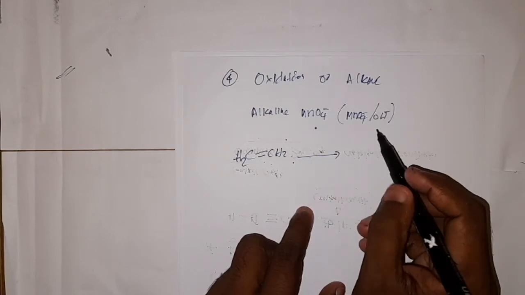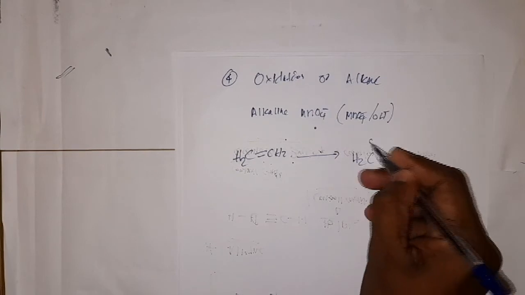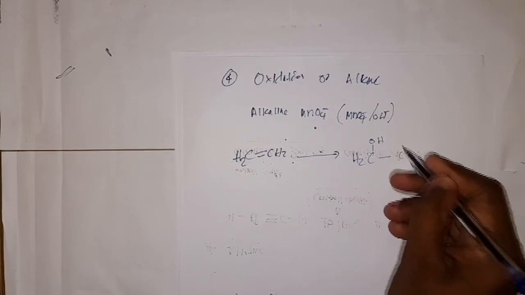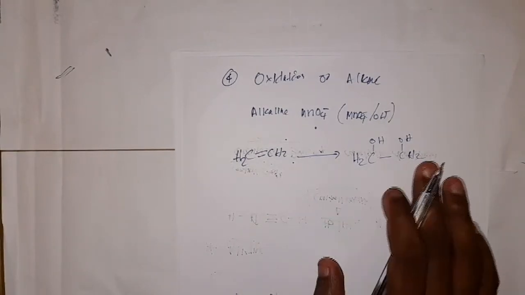two OH groups will join with this one, and here you can see H2C, and one OH will bond to here, another OH will bond to this point, and here CH2. So this is what happened during this reaction.